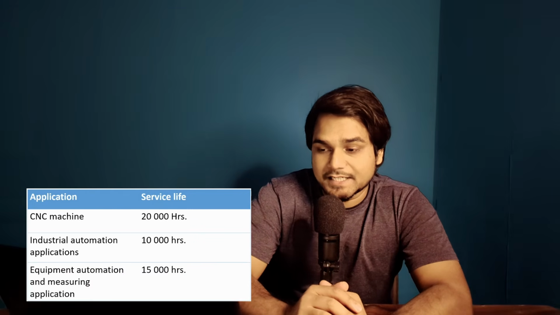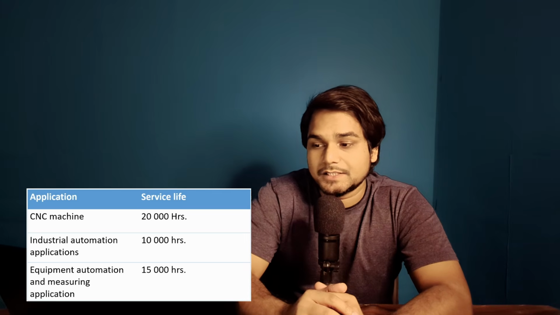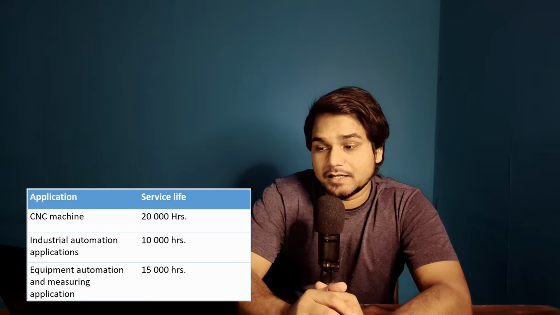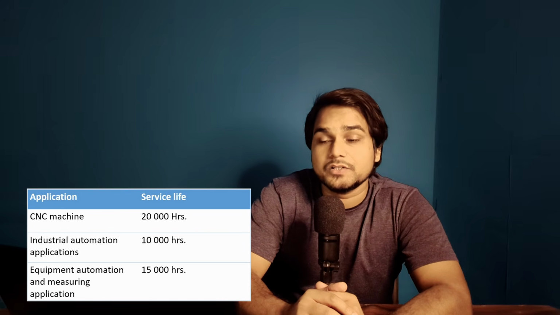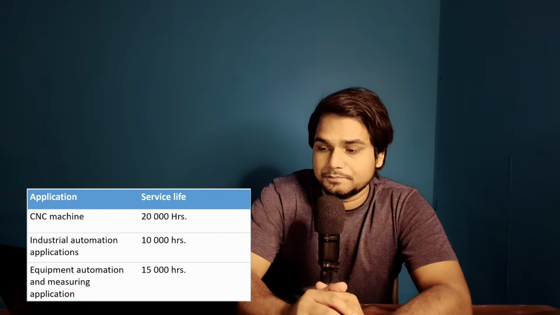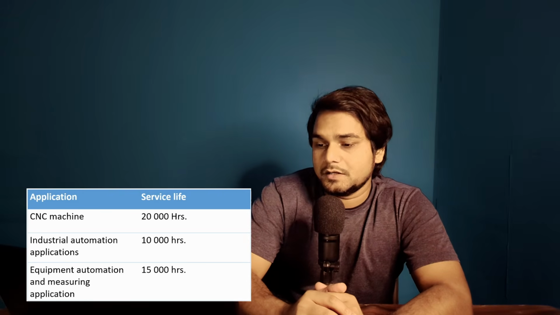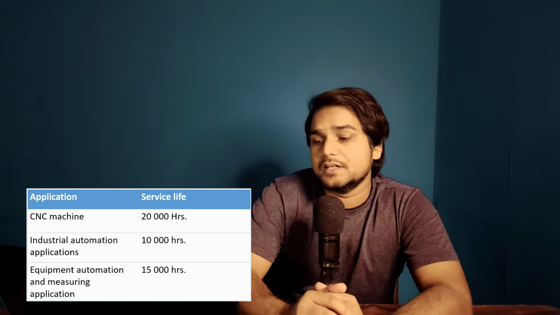And in case of ball screw, we can refer to this table. If you are designing a linear actuator for machining tools like a CNC machine, we should design the system considering a life of 20,000 hours of running time. For industrial automation applications, 10,000 hours. Equipment automation and measuring applications, 15,000 hours.